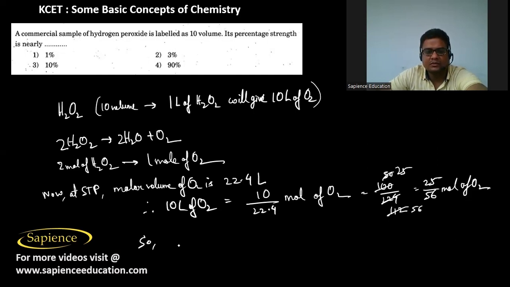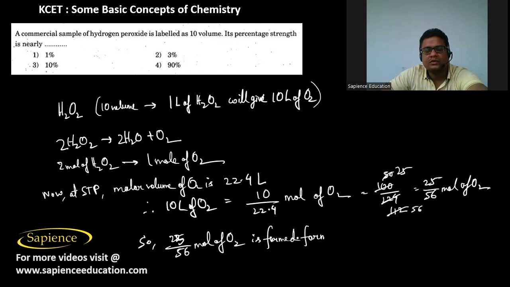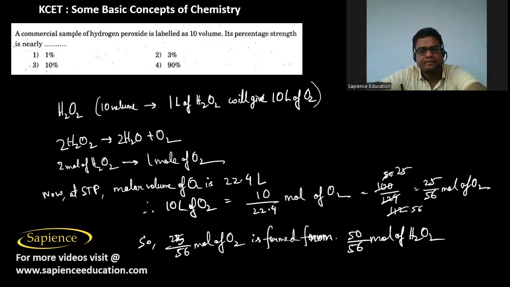So 25 by 56 mole of O2 will be formed from 25 by 56 into 2, that is 50 by 56 mole of H2O2. So it means 50 by 56 mole of H2O2 is present in 1 liter of H2O2.